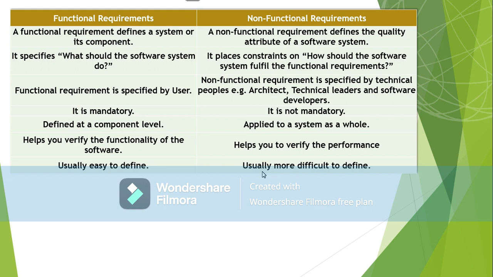Functional requirements are basically what a project will do. The project is standing on it, so that is mandatory. And it's defined at the component level, as in you have components: sending the mails, receiving the mails, deleting the mails, or archiving the mails, and so on and so forth.